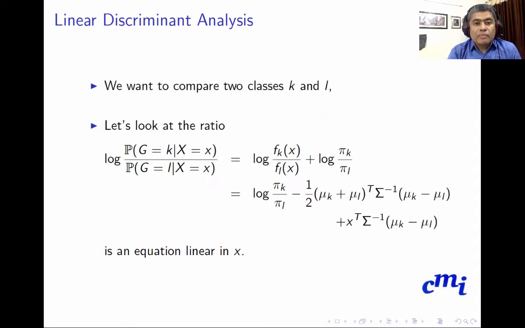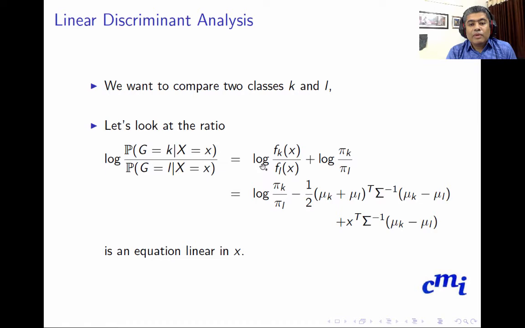Now if you want to compare any two classes, say k and l, let's look at the ratio of the two Bayes probabilities, probability of G equal to k given X and probability of G equal to l given X, and take the log of that. It looks clearly like the log odds of the probability that it belongs to some species versus another species.